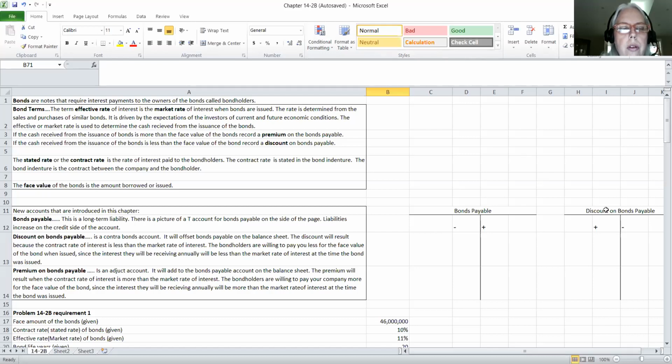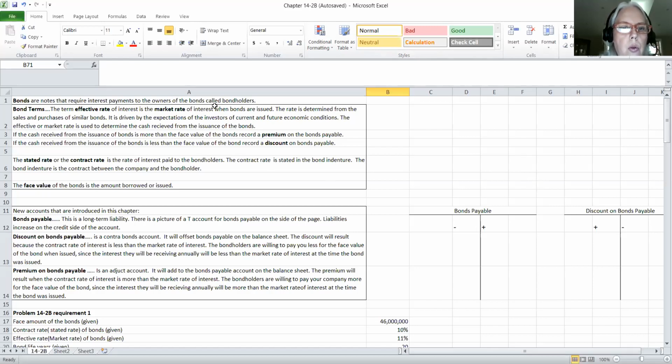All right, what you should be seeing now is an Excel spreadsheet that I prepared with some terms on it that are related to Chapter 14, Problem 2B. First of all, we're going to be working with bonds, so you need to know what a bond is. A bond is simply a note that requires your company to pay back interest to the owners of the bond.